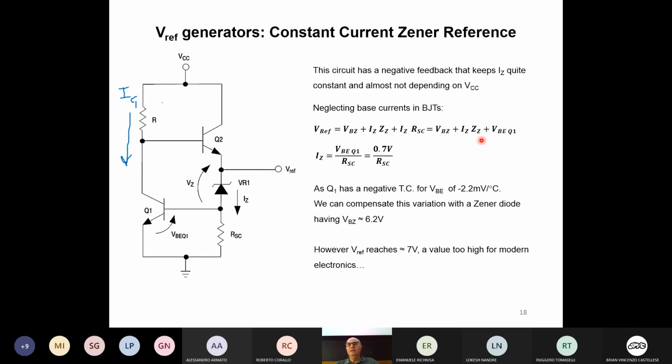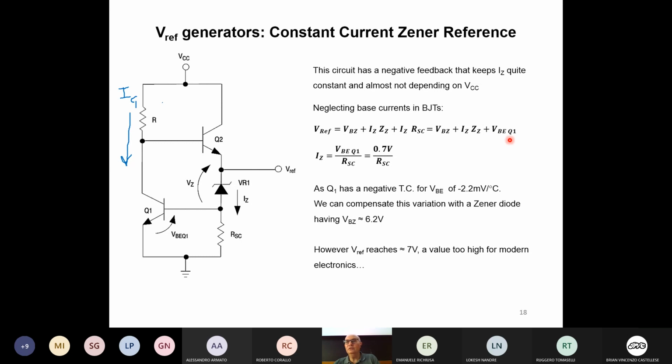Okay. There is a problem, however, with the temperature coefficient. Why? Because the output voltage VREF is given by the sum of something else plus the VB of Q1. And we remember that Q1 has a negative temperature coefficient that is minus 2.2 millivolts per Celsius.